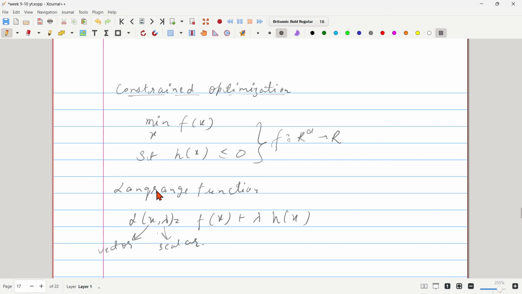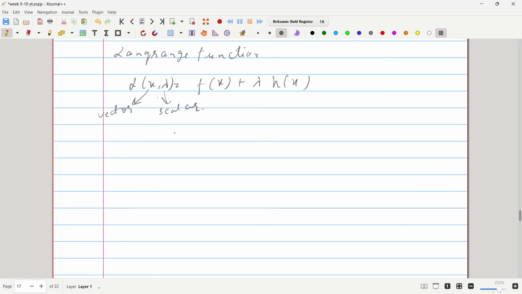So our main target is to minimize over x and maximize over lambda greater than equal to 0 of L(x, lambda). Okay, this is known as the primal problem. Why?